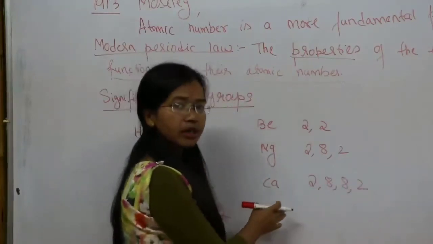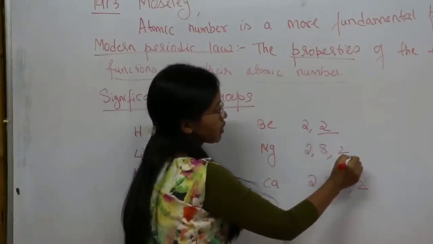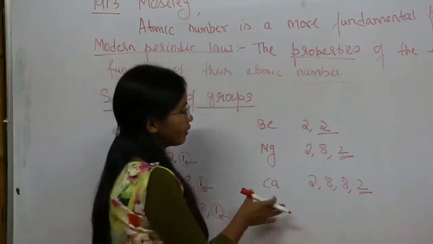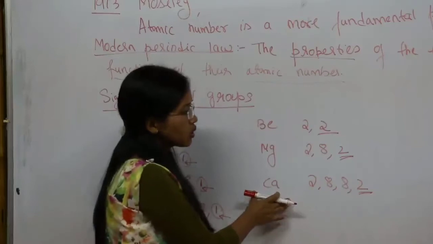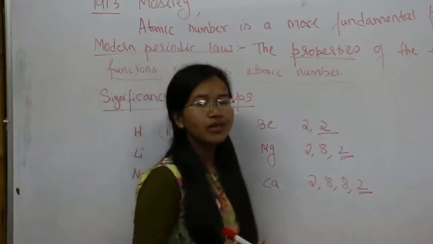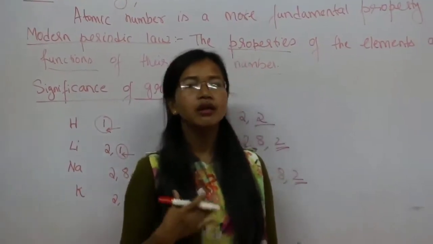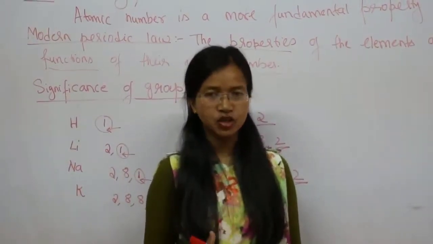Similarly here you can see that the 2 represents the electrons in the outermost shell, and these elements belong to group 2. So in the same way, you can always predict the valency or the number of valence electrons of the elements in every group.